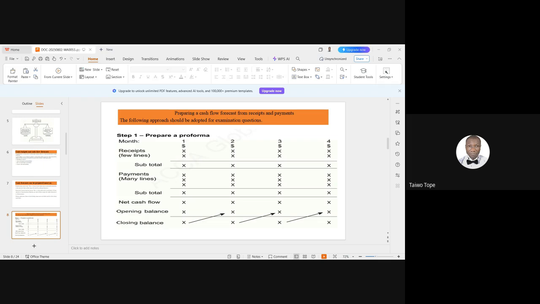So we've treated a question related to this in performance management, the Ozigondu, and the other question, even the one of last year November question in performance management, similar to this. So we've solved a question that involves receipts and payments.